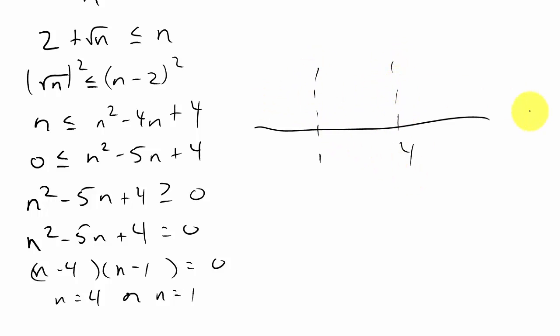That breaks it up into regions, and I pick me some test points here. n equals 0, n equals 2, and n equals 5. So basically what I want to do is I want to see when this thing's positive. So I'll plug the 0 into here, so I have a negative times a negative is a positive, so this would be positive.